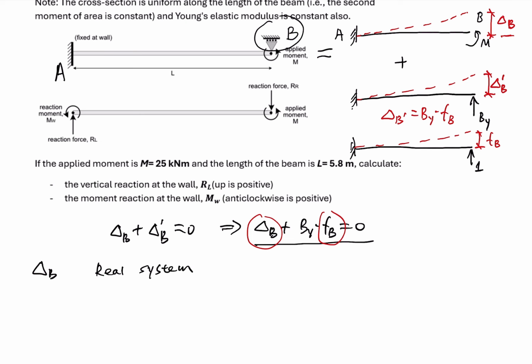For the real system, the free body diagram is shown here, with M. For the virtual system to calculate delta B, because delta B goes upward, we apply a virtual load 1 going upward.